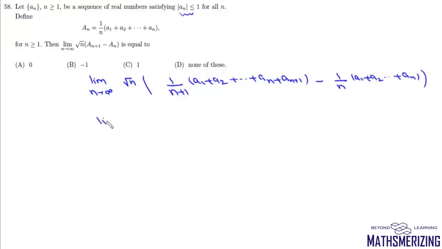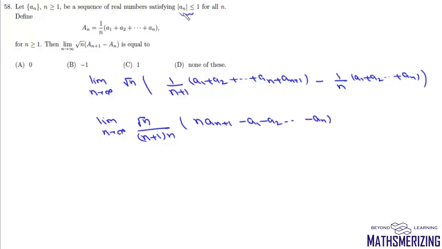We can write this as limit n tends to infinity under root n, now LCM will be (n+1) into n, and here will be n a1, n a2 and n a_(n+1). So here we'll get (n+1) a1. Now n a1 minus (n+1) a1 will be minus a1, minus a2 and minus a_n.